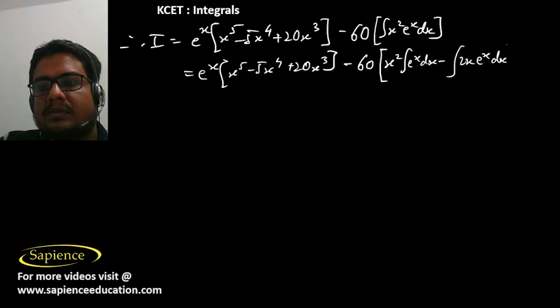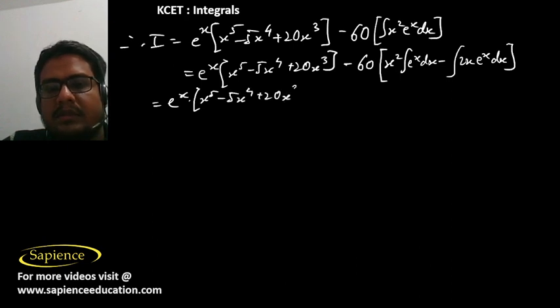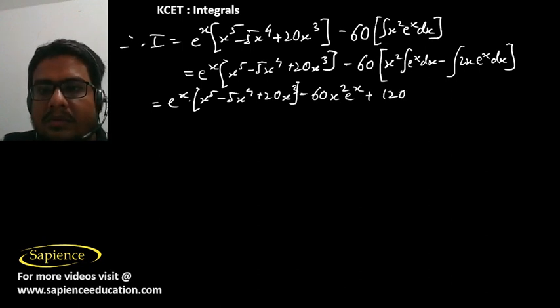x dx. So this will be equal to e power x into x power 5 minus 5x power 4 plus 20x cube minus this will be 60x square e power x plus this will be 6 into 20, 120 into integral x e power x dx.